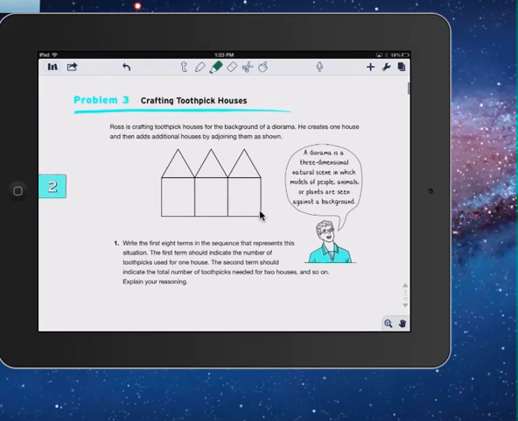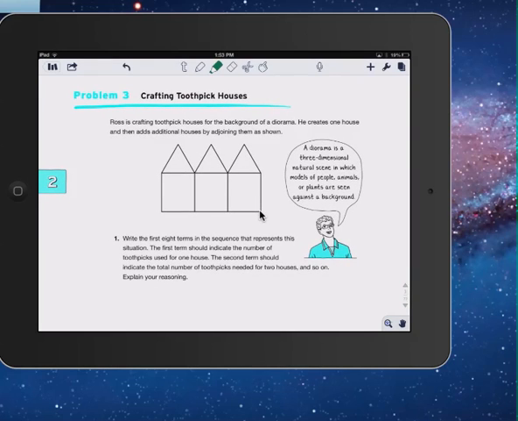Page 46. You guys get page 46? Okay. Problem 3, page 46.